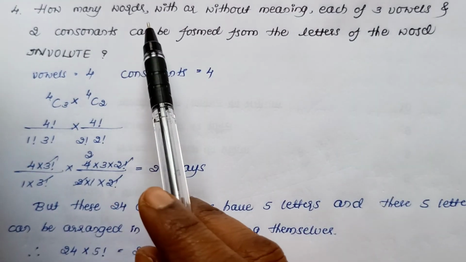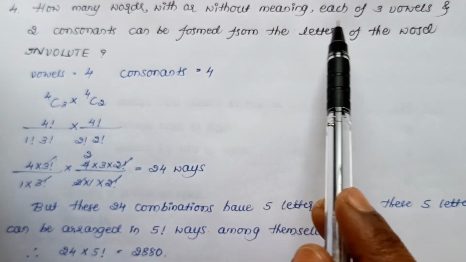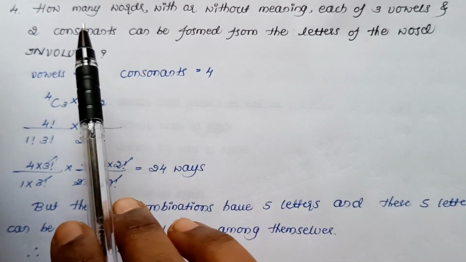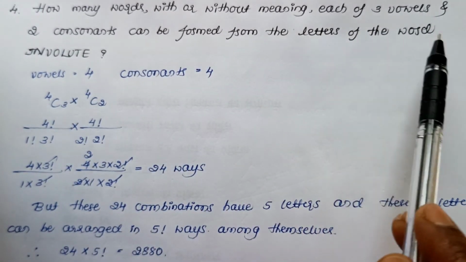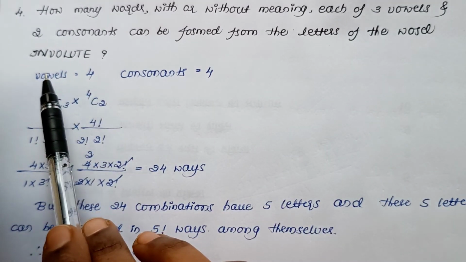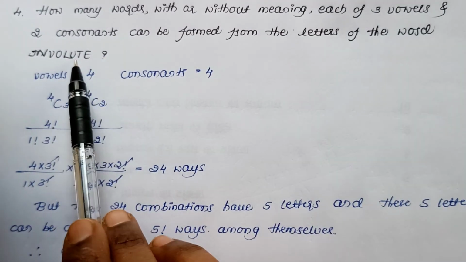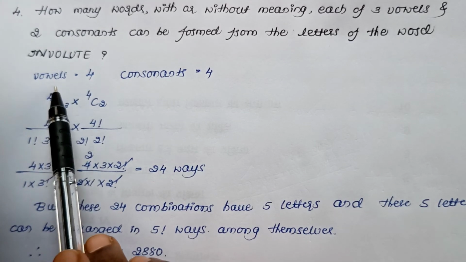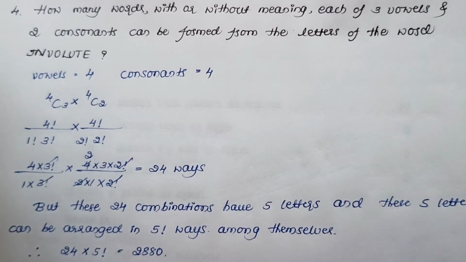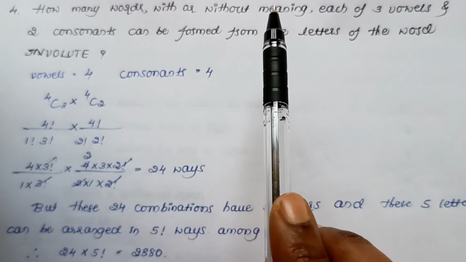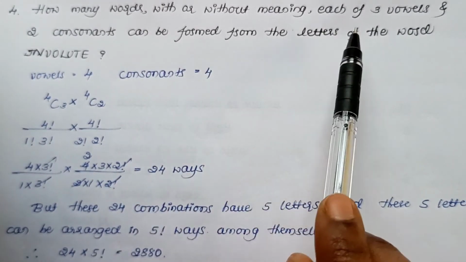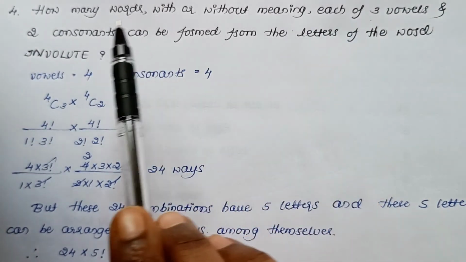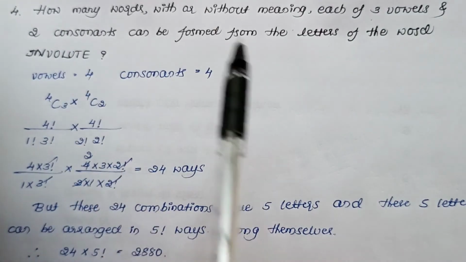Next one, how many words with or without meaning, each of 3 vowels and 2 consonants, can be formed from the letters of the word INVOLUTE? In this word, we have 4 vowels and 4 consonants. So we have to make the words where 3 vowels must be there and 2 consonants must be there.